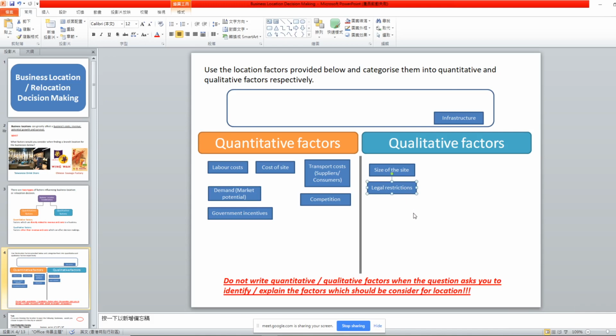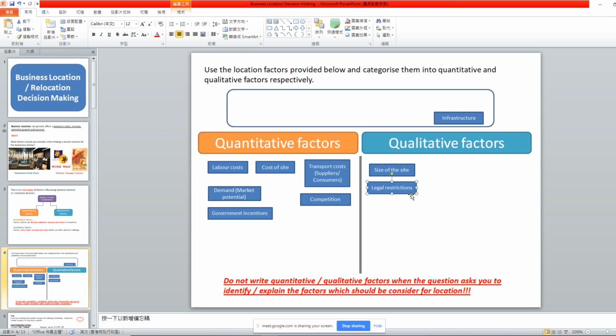Why should we consider this when we are locating the business? But you see here, if you are the business, you don't really care about pollution. Oh, okay.